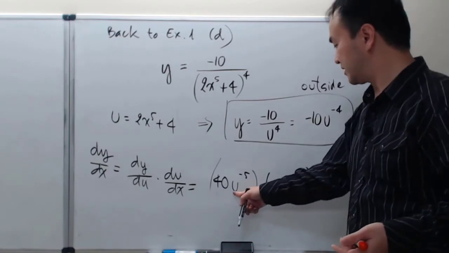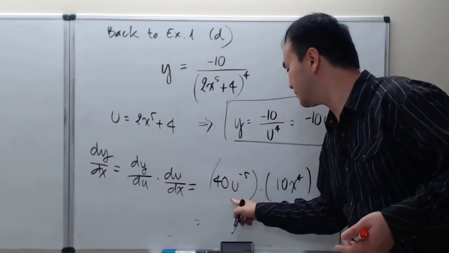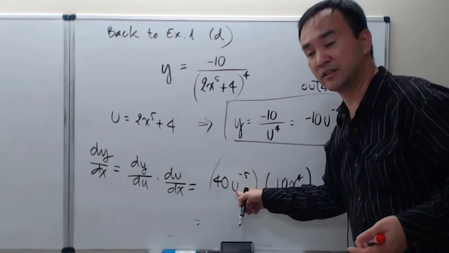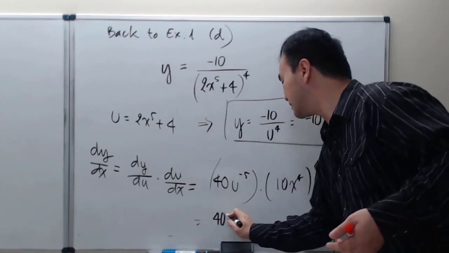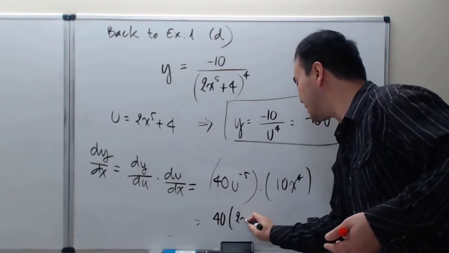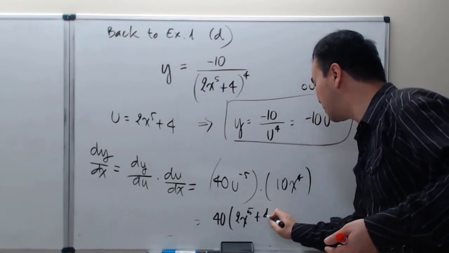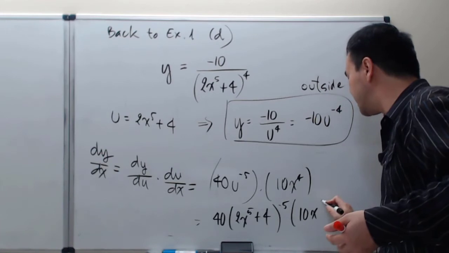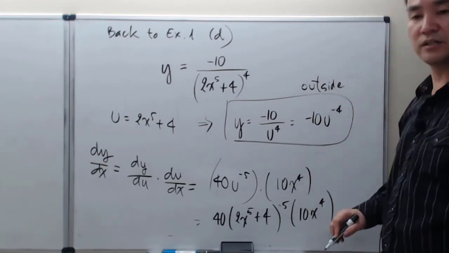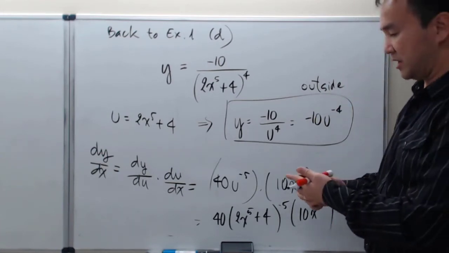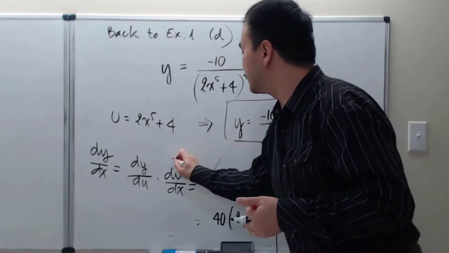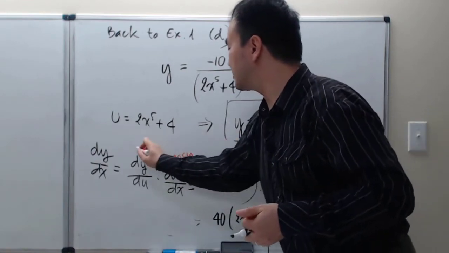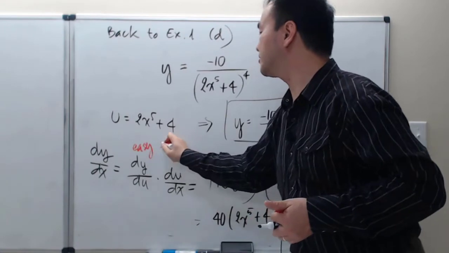We can now simply substitute back the original meaning of the u variable. So 40 times 2x to the 5th plus 4 to the negative 5 power, times 10x to the 4th. We're good to go with that. Okay, so it was easy. It's easy to find this one, and it's also quite direct to find that one.